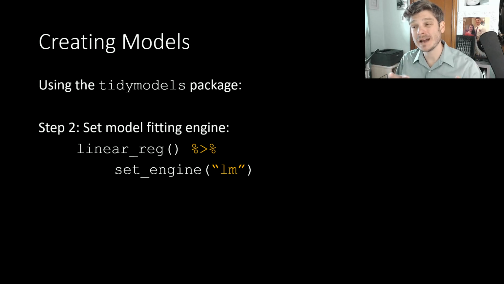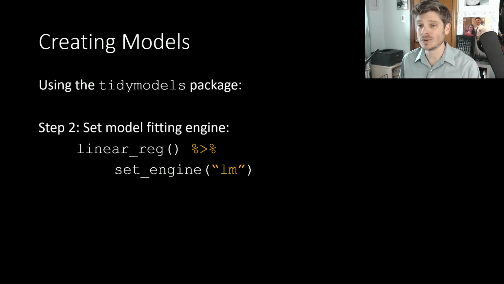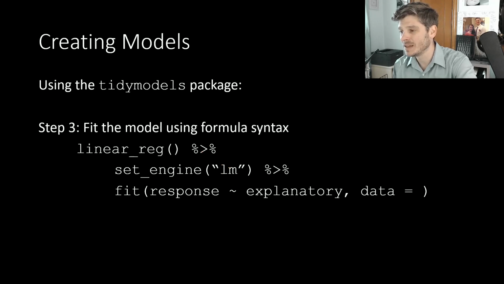I need to set the engine as lm, that linear model. It's always lm for the programming language R. And then we're going to pipe that into the fit function. So I want a linear regression using the linear model engine.